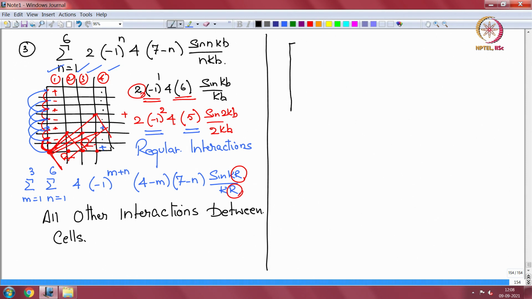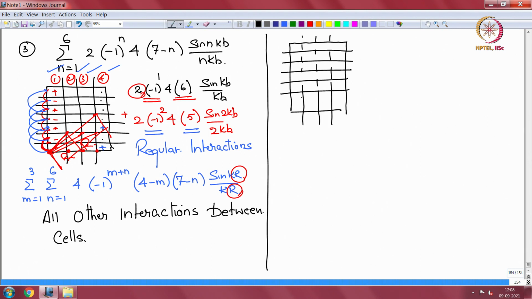I keep drawing this picture repeatedly. One, 2, 3, 4, 5, 6, 7. Okay. So let us say m equal to 1. Okay.